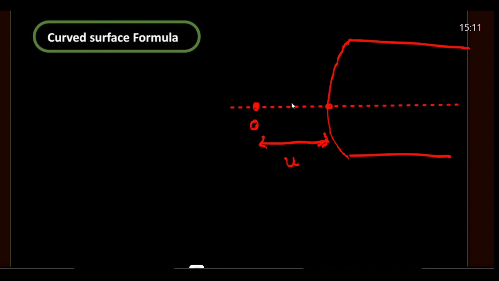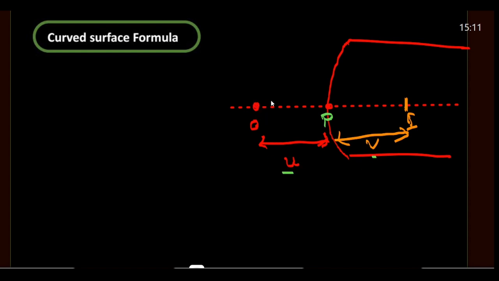Object distance u. When it forms the image on the other side, let's say here it formed the image, this distance is known as v, because it is the distance from the origin, or pole, to the image: the image distance. Pole to the object is the object distance. We represent them with u and v.